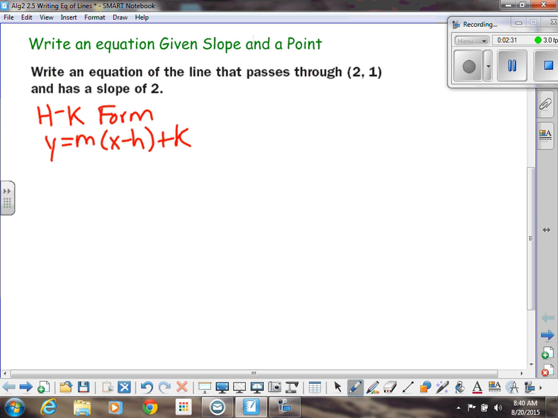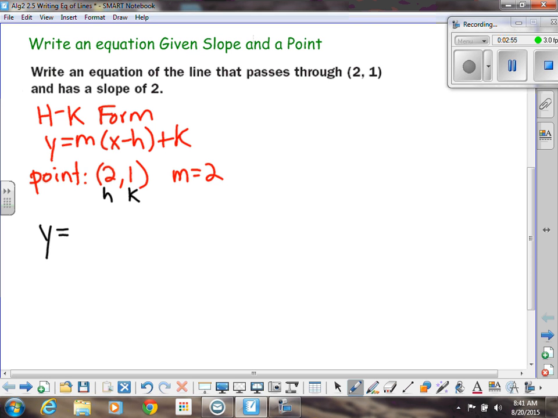If you're given a point, that point is going to be your h and your k. So here our point is (2, 1), and that is our h and our k. And it gives us the slope as well, and that's going to be the m. So all I'm going to do is plug those into my hk form.